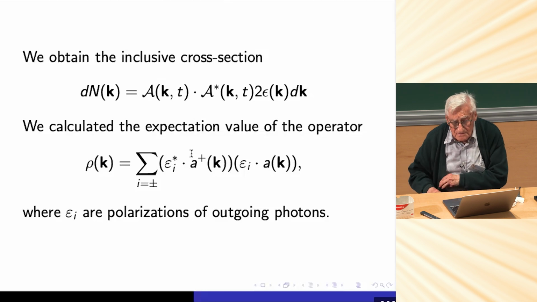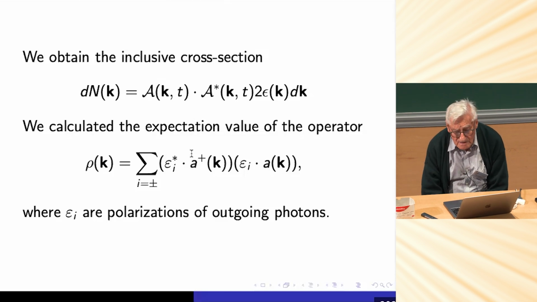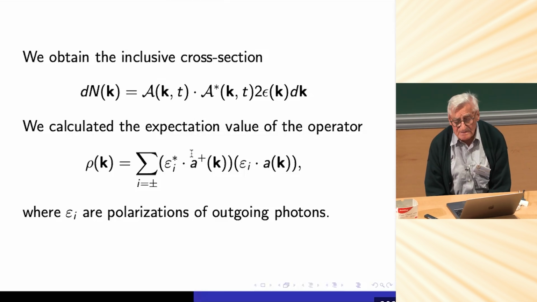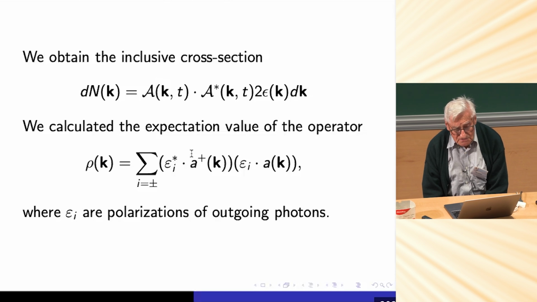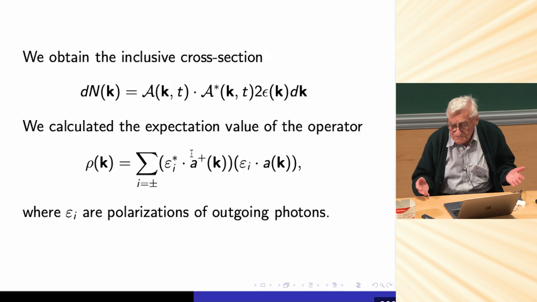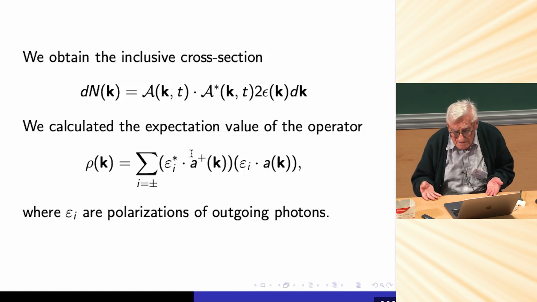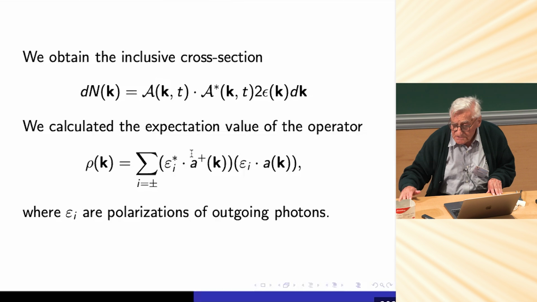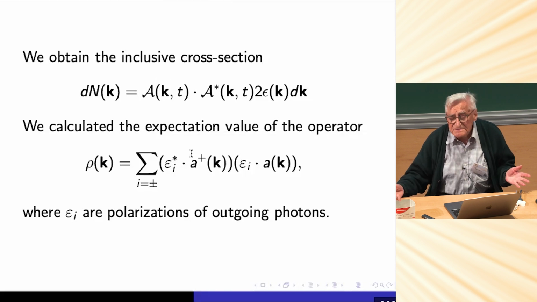And now, when you solve this equation, you can calculate the inclusive cross-section. For the inclusive cross-section, you simply calculate the number of particles that go in some direction without looking at other particles.